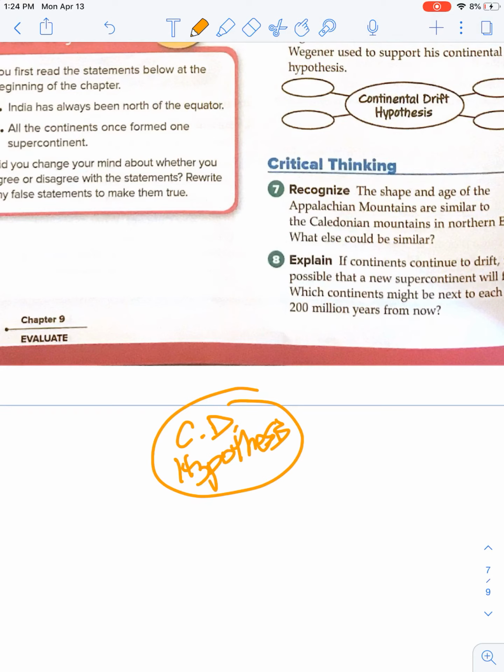Okay. All right. So what are some things we just talked about that supported his theory? We saw that he could use rocks, like volcanic rocks that were in the same spots, or the mountain ranges that they talked about, that the Appalachian and some mountain ranges in Europe fit together well. He also used fossils.